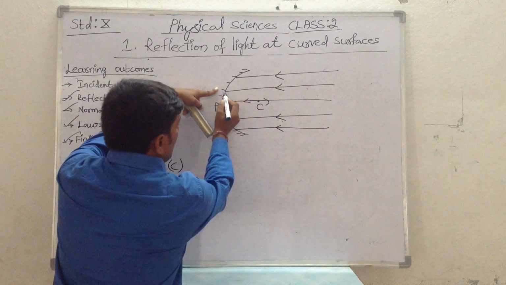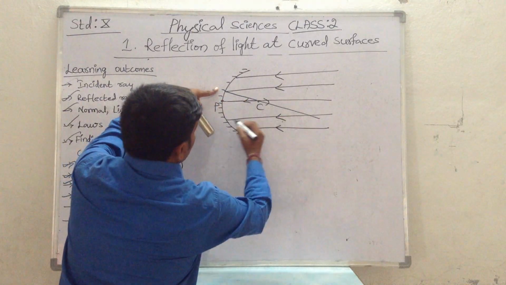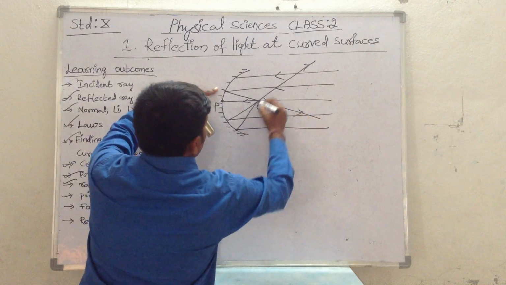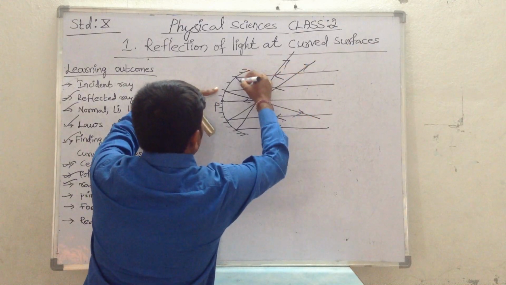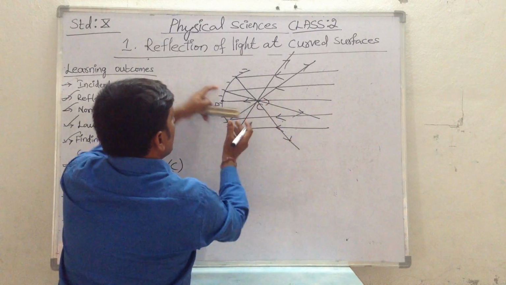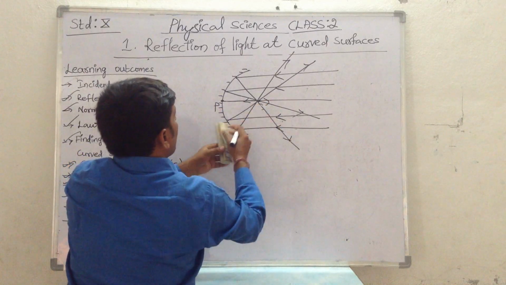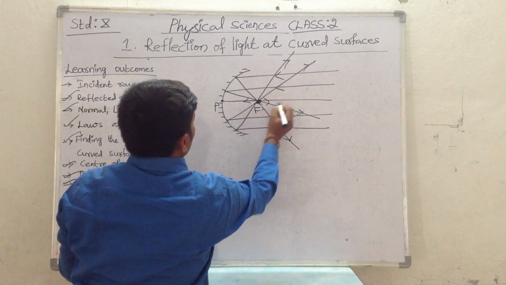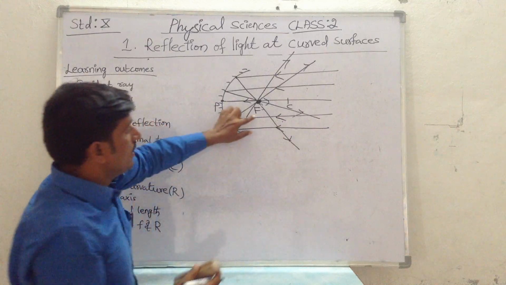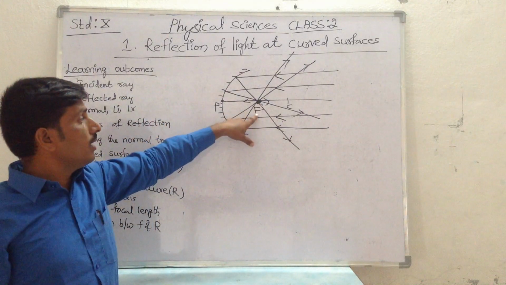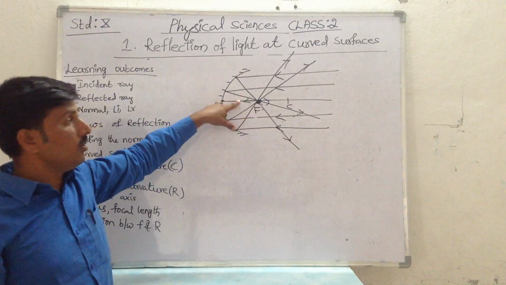After reflection, all the rays converge at a point like this. This point, the point of intersection of all the reflected rays, is called the focus of the concave mirror.